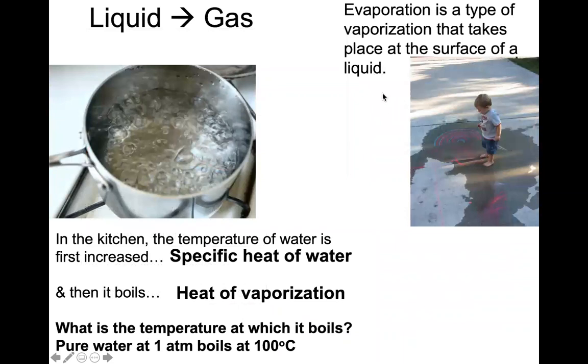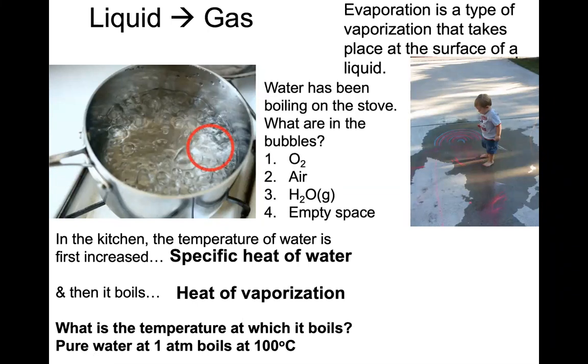Evaporation is a type of vaporization that's taking place at the surface of the liquid. If a given particle at the surface happens to have sufficient kinetic energy to leave its neighbors, to pull away, it will. It doesn't come back. So that's how we see over time things can evaporate, even if they're not boiling like this pot of water on the stove.